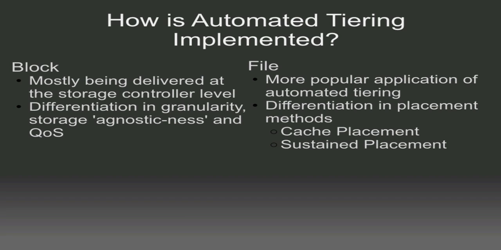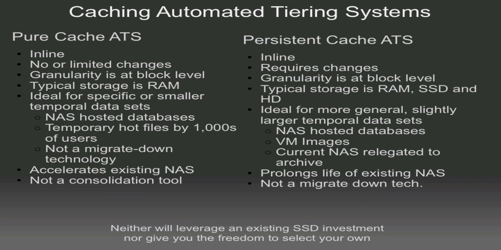So let's look at these cache automated tiering systems for a second. First, there's what I call the pure cache automated tiering systems. They are typically inline. They require no or limited changes to the environment, meaning you don't have to repoint all your mount points and things like that.